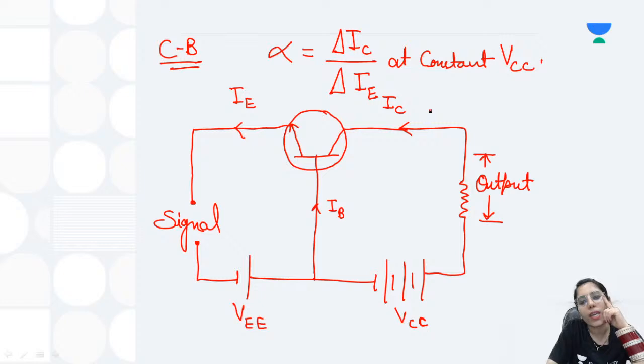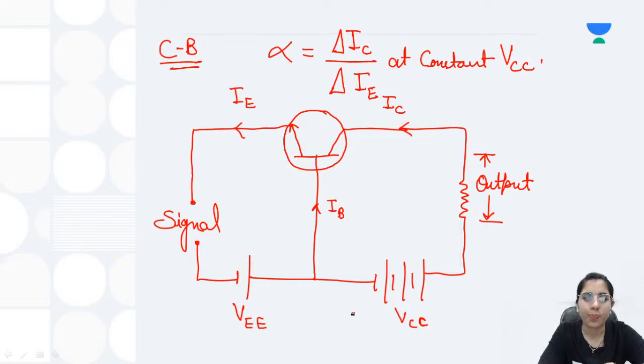If you take this value constant, then whatever ratio you get for the change in collector current to the change in emitter current, that will be your current gain. That is delta IC upon delta IE at constant VCC, the current amplification factor for the common base connection.